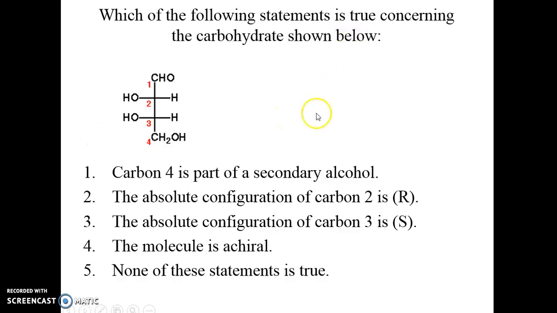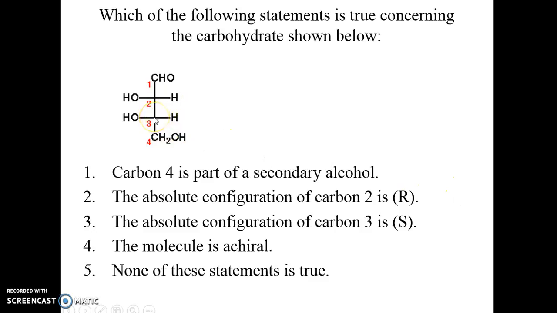Which of the following statements is true about this carbohydrate? Carbon 4 is not a secondary alcohol, it's a primary alcohol. The absolute configuration of this carbon right here: the hydrogen's coming out, that's 1, 2, 3, so that is R, but the hydrogen's coming out, so it's S. So this is incorrect.